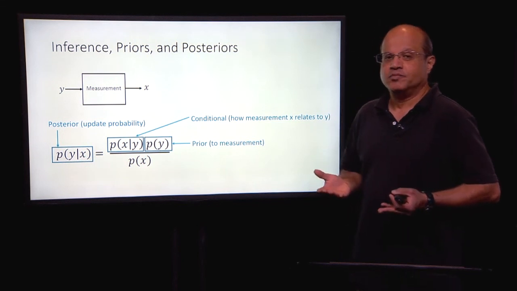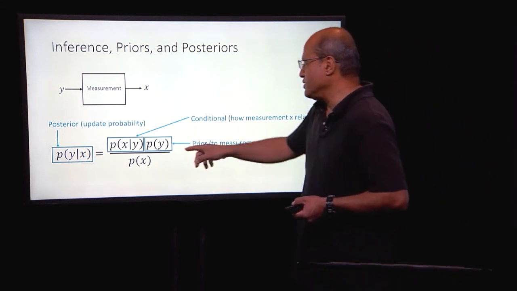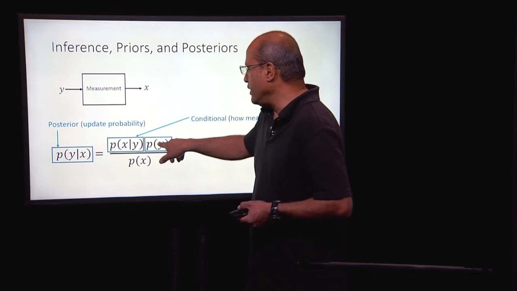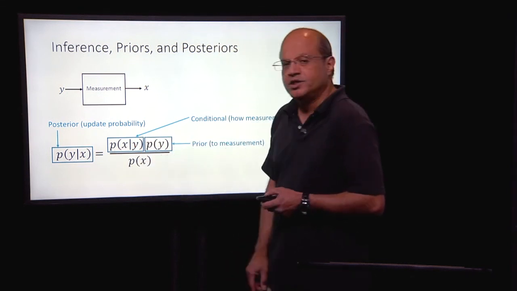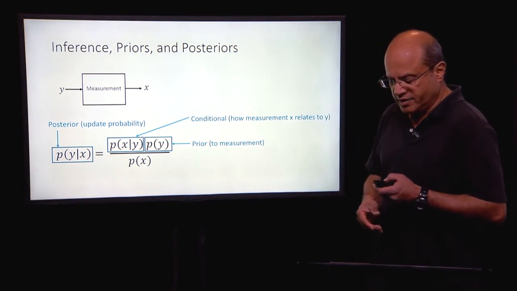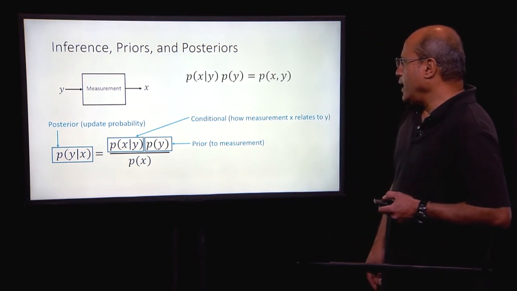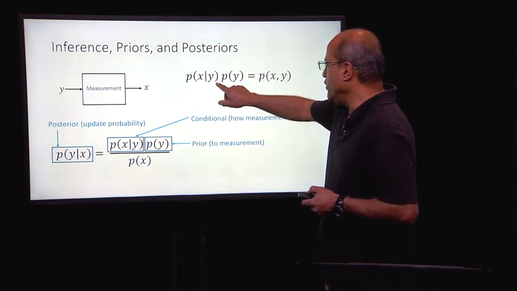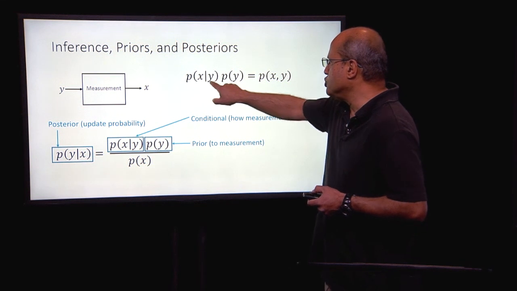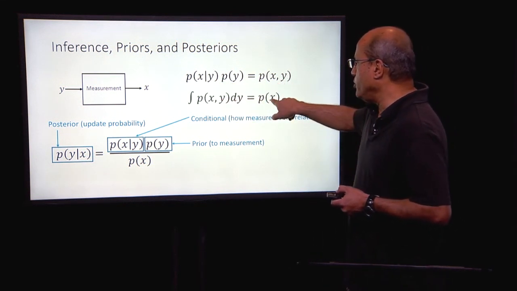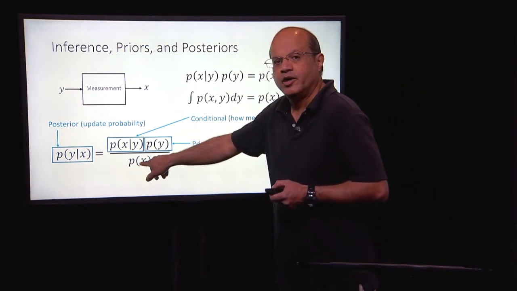That's just Bayes' rule. So Bayes' rule says you calculate y given x by multiplying these two quantities together and dividing by the marginal density of x. And these quantities you can calculate very simply by first noting that if you multiply these two, you get the joint density of x, y. You integrate out y, you get p of x, and that's what goes in the denominator here.